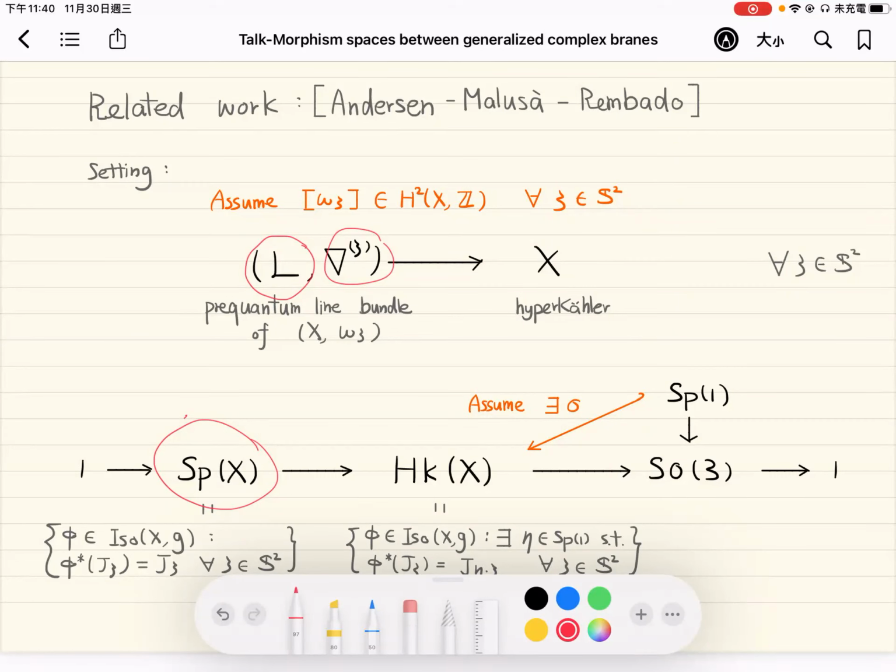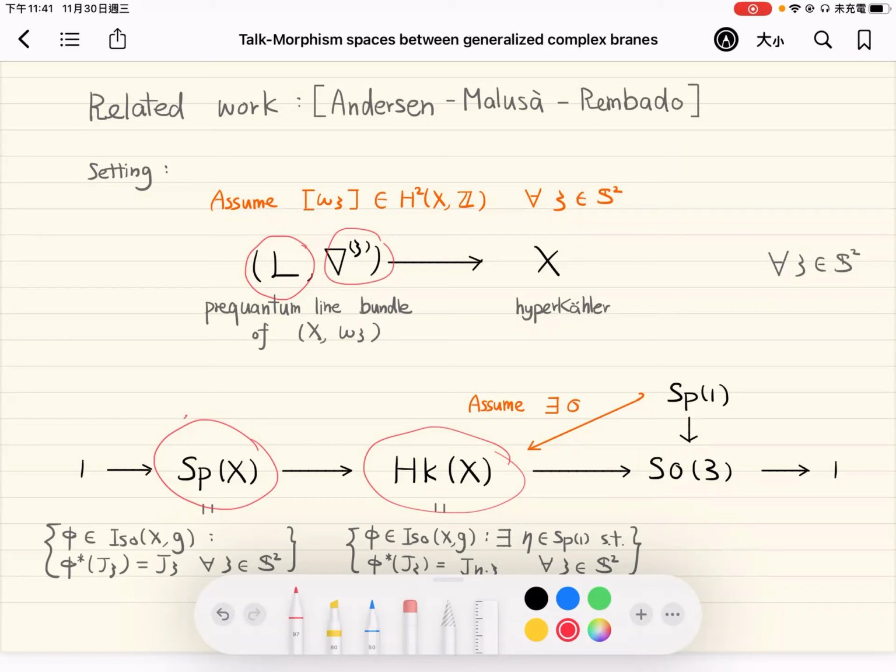That means you have an element, a diffeomorphism of X, so that it pulls back the metric to itself, and it pulls back the complex structure I to I, J to J, and K to K. But we can relax the condition a little bit, that we also consider another group, the HKX, by studying the isometry group of the Riemannian manifold, but the pullback of I may be J, the pullback of J may be K, and the pullback of K may be I. So there is an SO3 flexibility for this kind of elements, so that we can form a short exact sequence: the hyperkähler isometry group SPX sits inside the HKX, and the quotient group is the SO3 here.